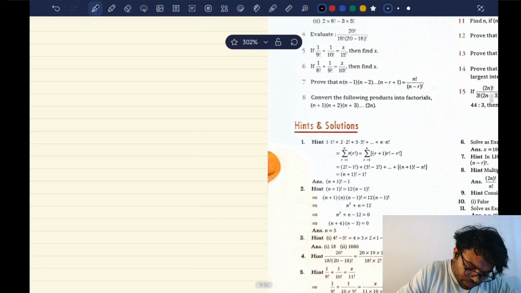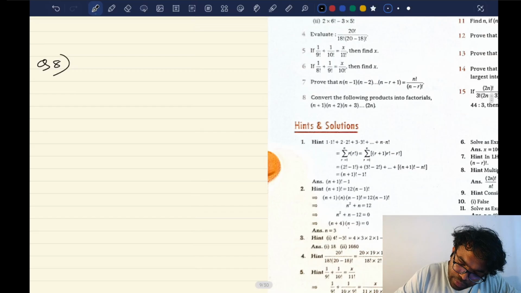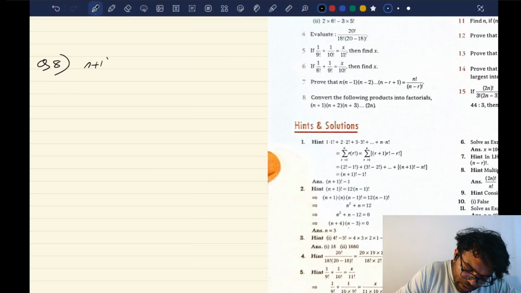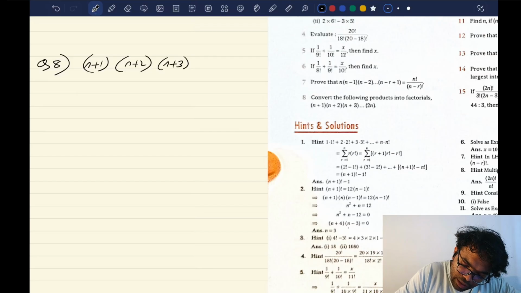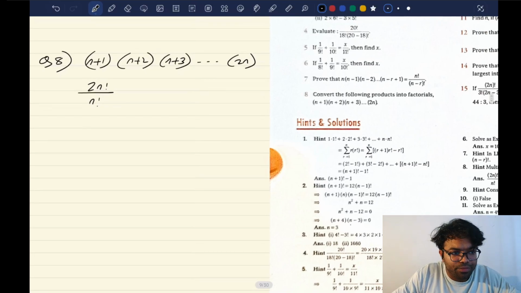Next question. Question 8. Convert the following products into factorials: n plus 1 into n plus 2 into n plus 3 into 2n. So this will be 2n factorial upon n factorial, right?